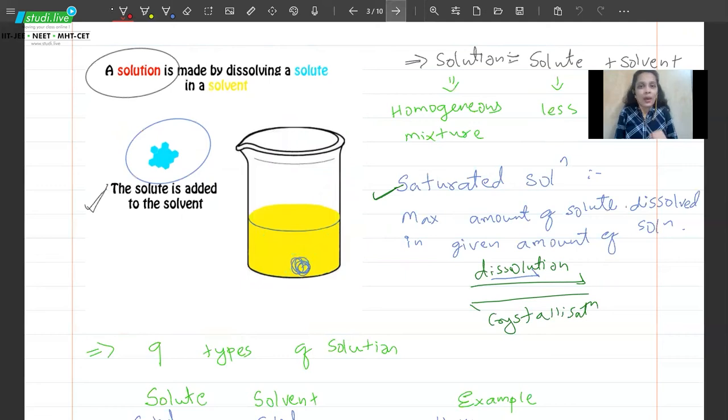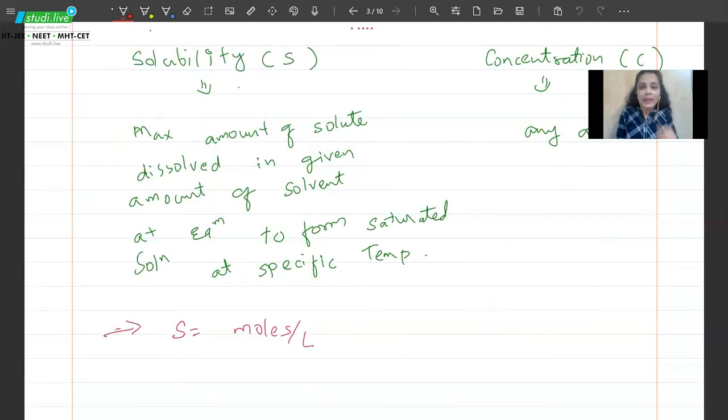Now, let's go ahead and try to understand another important concept here. This concept tells us, what if I have a different type of solute, and I'm dissolving it in a different type of solvent, is the solubility going to be the same for all the cases, or will there be some slight changes?